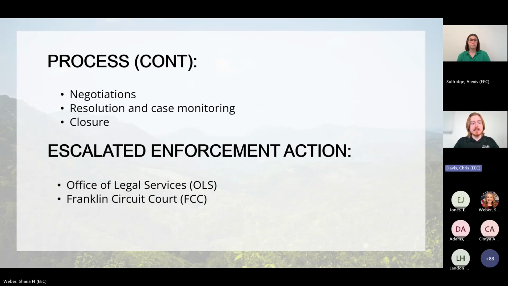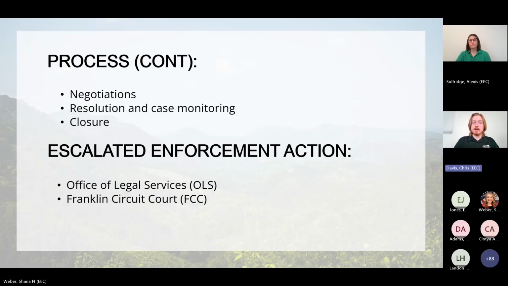Now at the bottom there, you see escalated enforcement actions. This is what happens when we are not able to reach a resolution in the Civil Enforcement Branch, or a demand letter is not fulfilled, or an agreed order is breached.